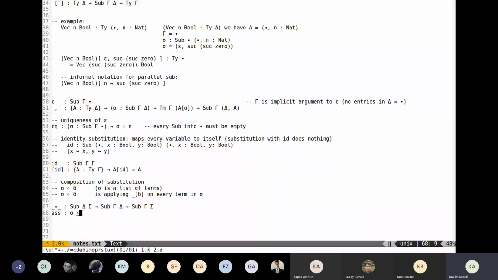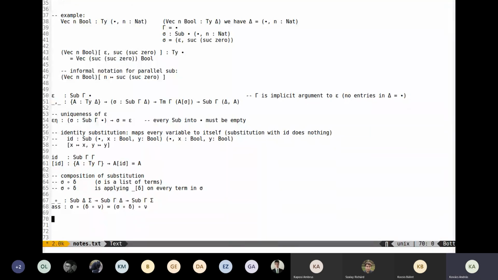So we have that sigma delta happening here. So we want this composition to be associative.